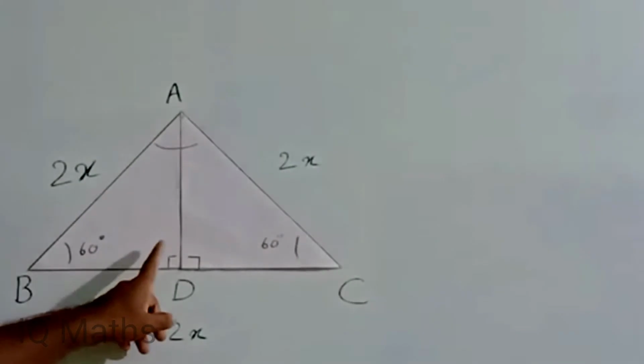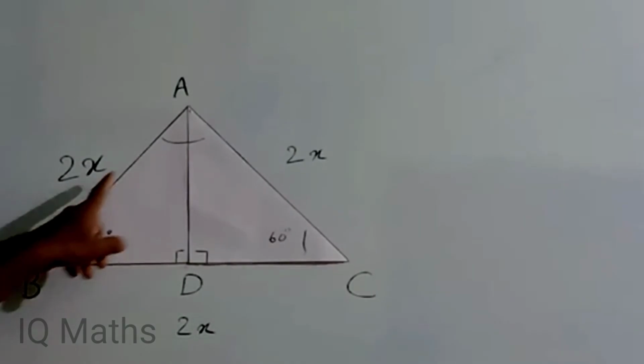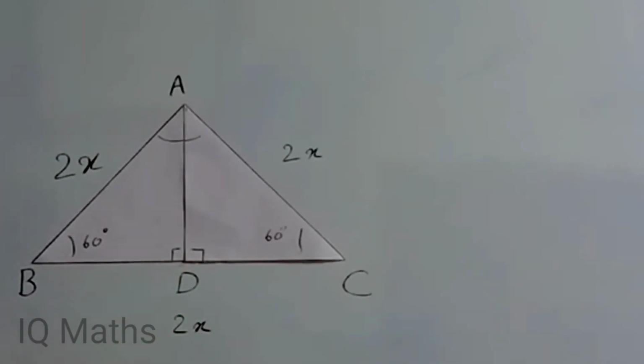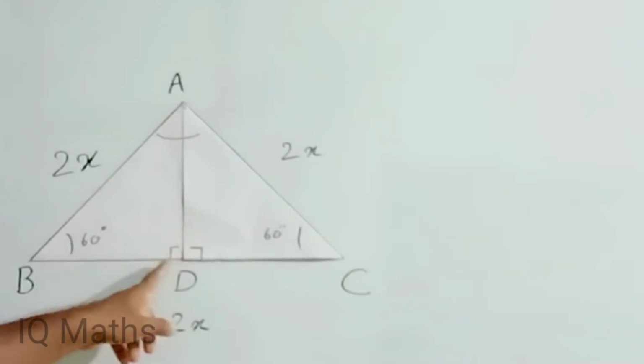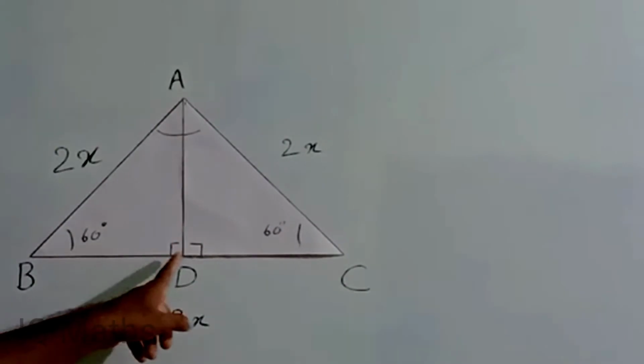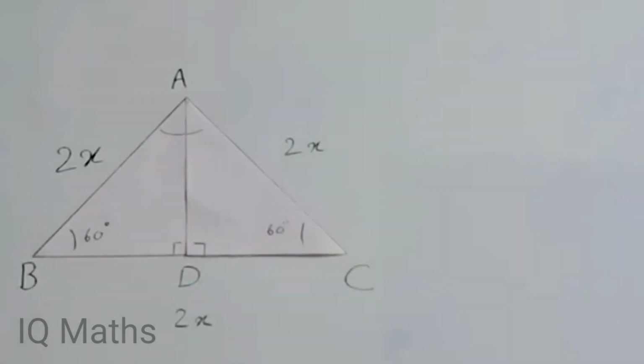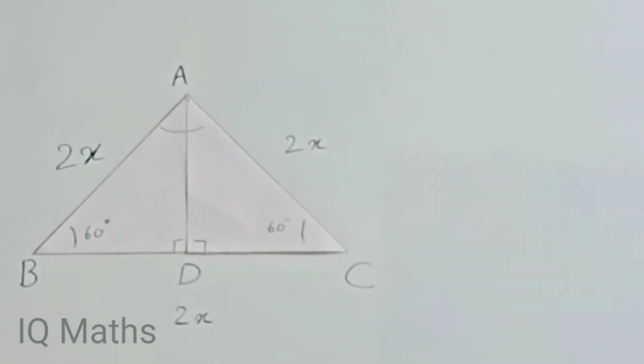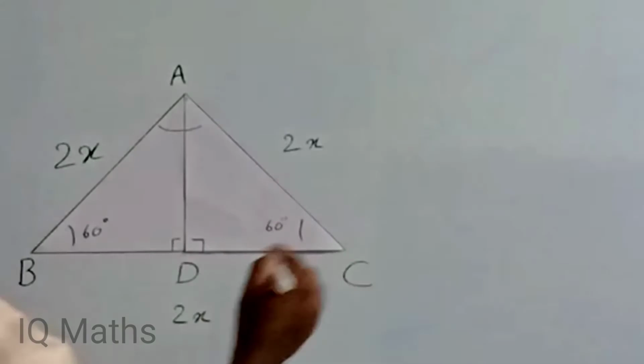Since it is a right angle triangle, hypotenuse equal to hypotenuse and one side is common, triangle ADB is congruent to triangle ADC by RHS congruency.